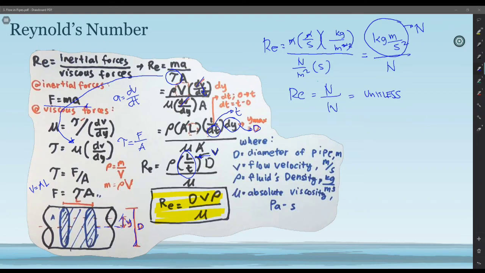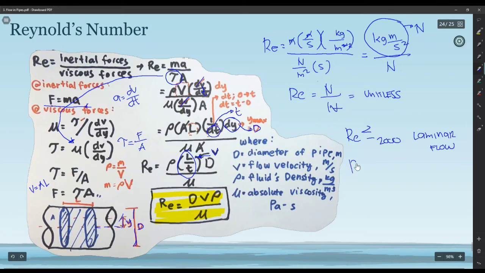Okay, so we should take note that yung classification mo nga for Reynolds number can be divided into 3. So ano nga yung ating mga classification for Reynolds number? So Reynolds number can be classified as, so if the Reynolds number is less than or equal to 2,000, so this can be distinguished or classified as laminar flow. Okay?